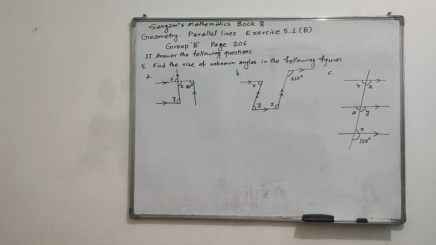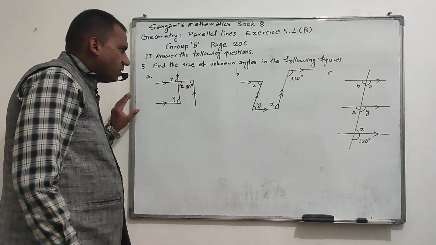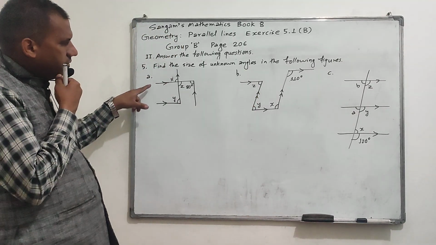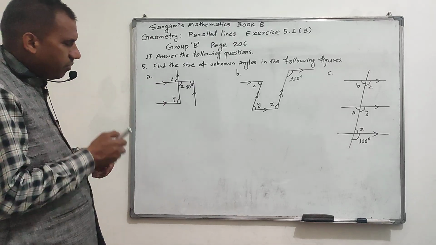Okay, now question 5. Find the unknown angles in the following figures. On A, you have to find the values of x, y, and z from this figure.